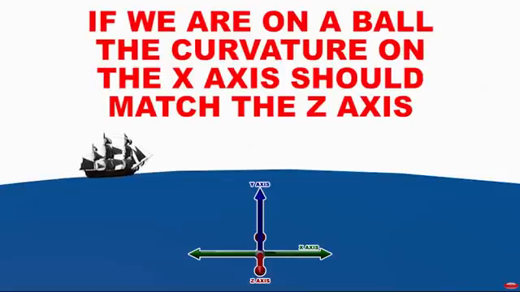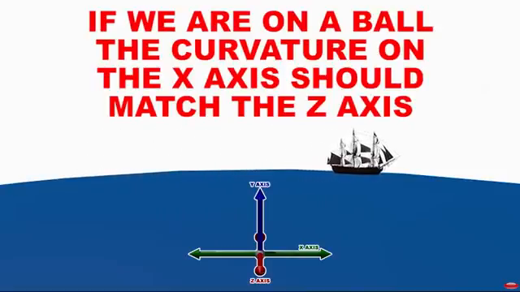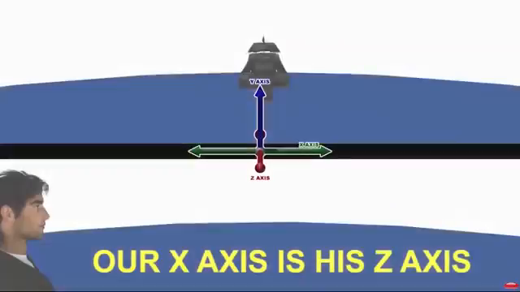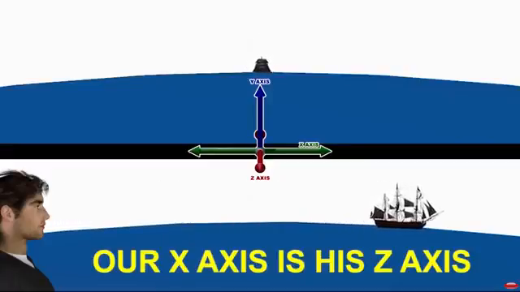You should be seeing ships rolling up to the top of the ball and rolling down on the lateral x-axis. If it's a ball, they got to be rolling both ways, away from you and side to side. We never see that though.